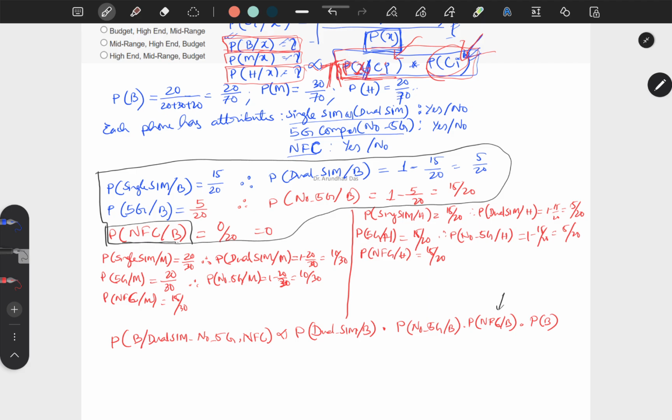All these are multiplication, so whatever values I am having for the others, since this one is 0, everything is 0. Okay, I hope it is clear.